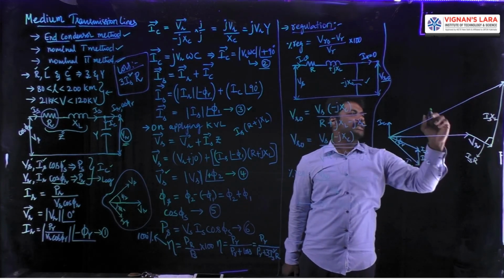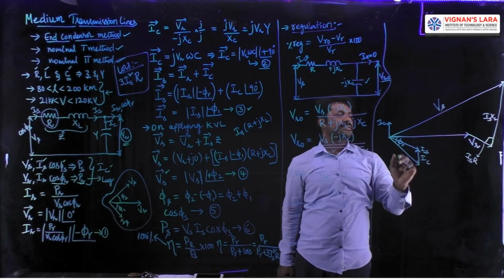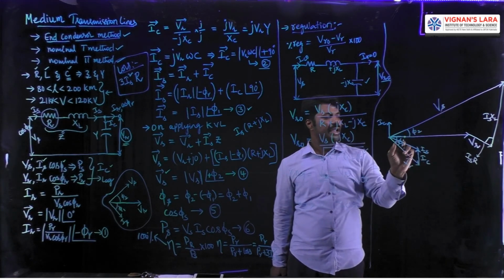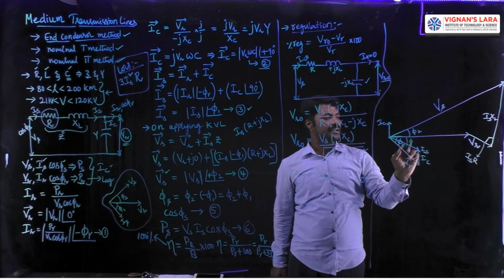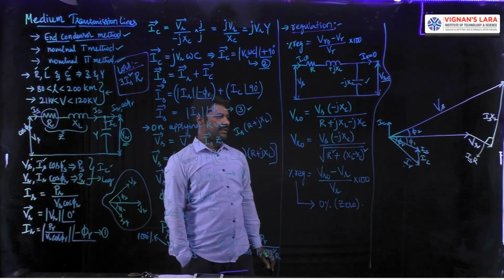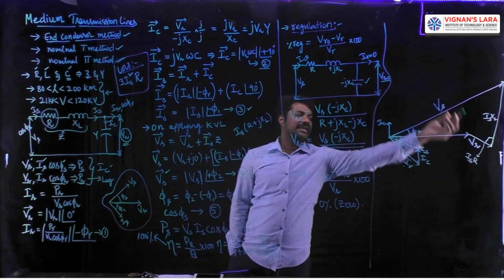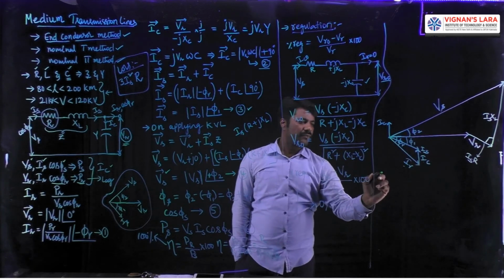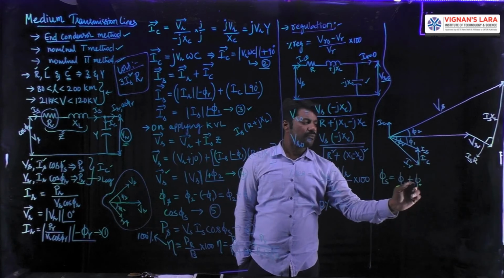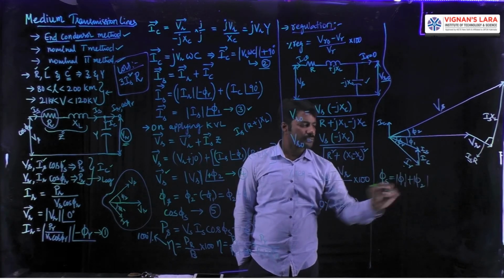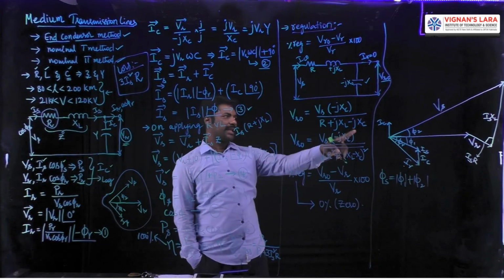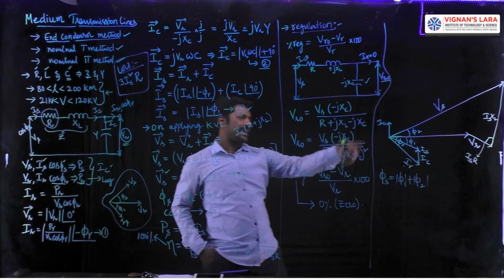This is the total resultant called VS, which makes an angle with reference as phi 2, and here IS makes an angle with reference as phi 1. Phi 1 is the lagging angle and phi 2 is the leading angle. So this is about the phasor diagram. In this phasor diagram, phi s is obtained by adding the angles phi 1 and phi 2 magnitudes alone, leaving the polarities in our mathematical calculation. As simple as that, we have completed this phasor diagram also.